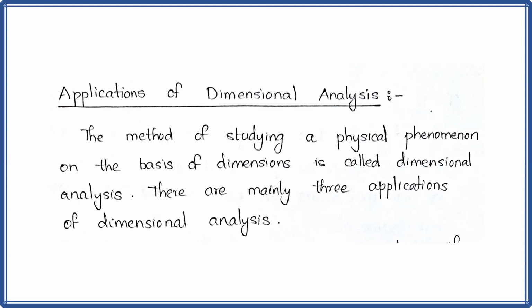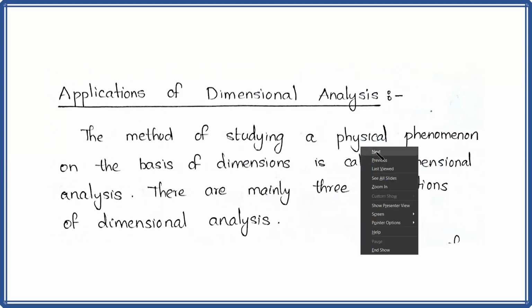With this dimensional analysis, what can we do? There are mainly three applications of dimensional analysis. Let us see them one by one and learn very carefully because it is a very important topic.